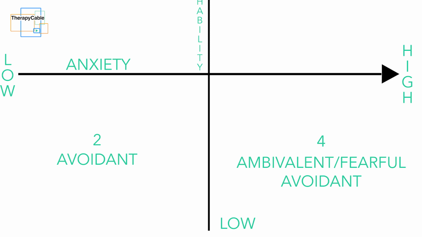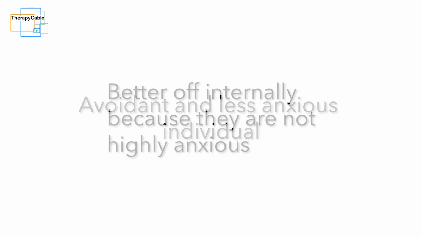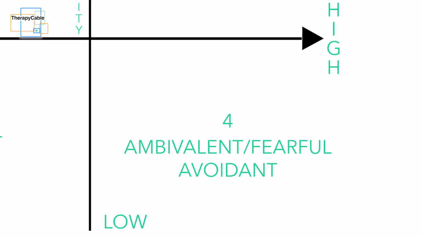First is the completely avoidant and less anxious individual. What does that mean? That's an individual who is better off, if you will, internally, because they are not highly anxious internally, versus this category where a person is on the high end of anxiety, so they're internally in turmoil.